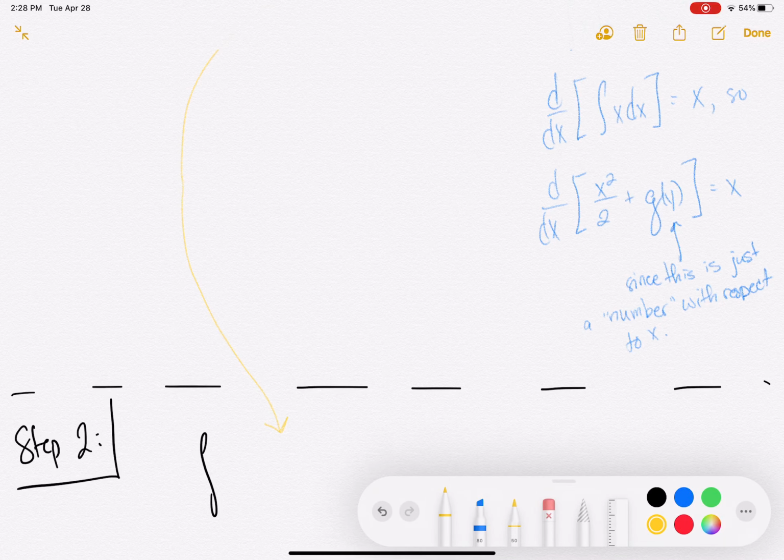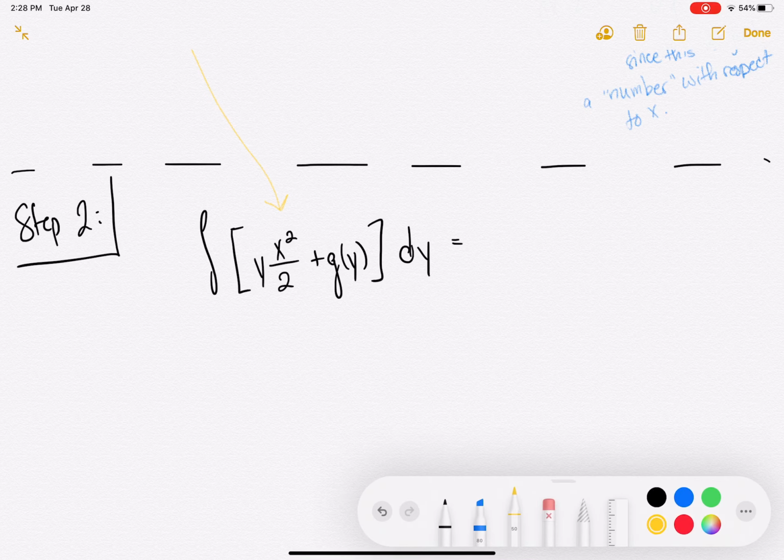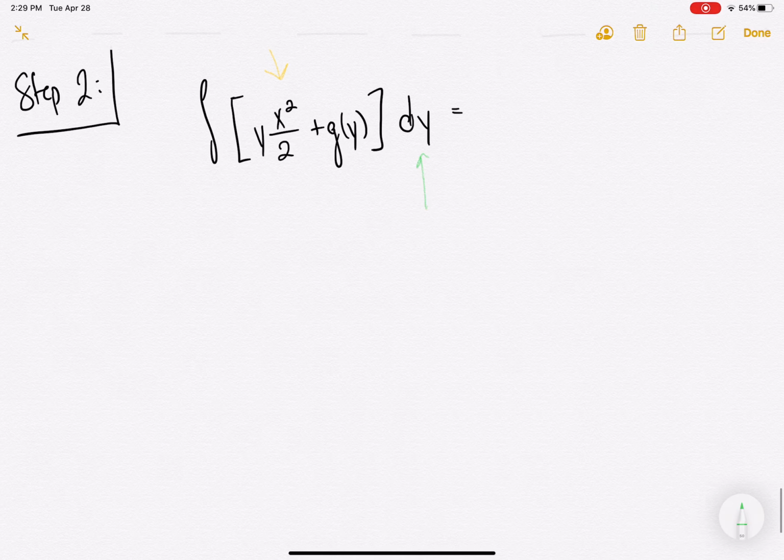My answer from the past was y x squared over 2 plus g of y dy. This integral, I'm now treating Y is the variable. And x is just a number.